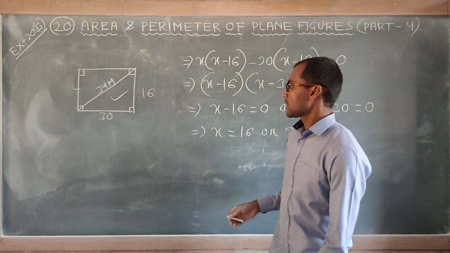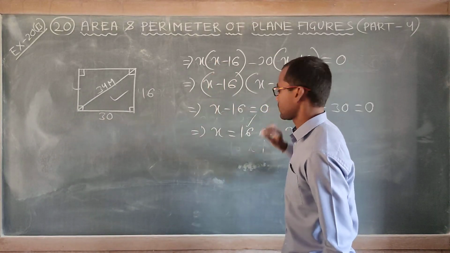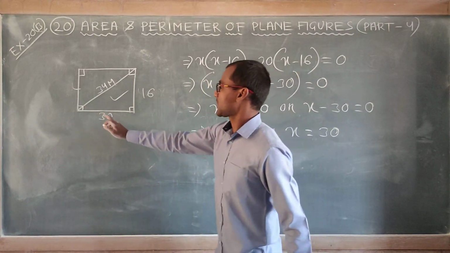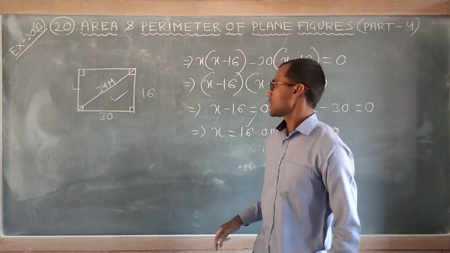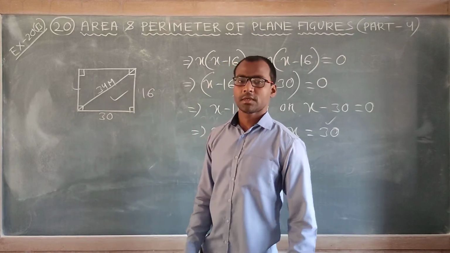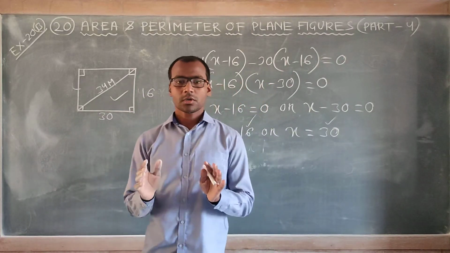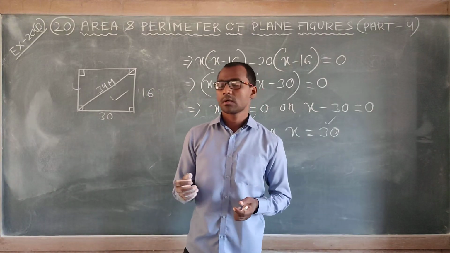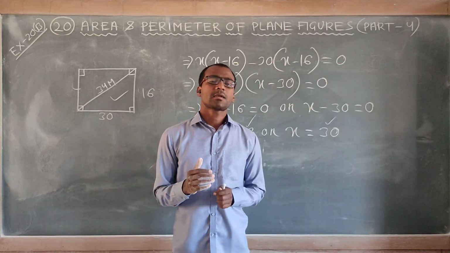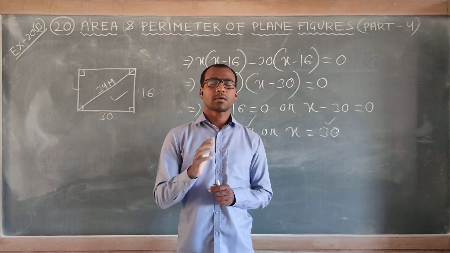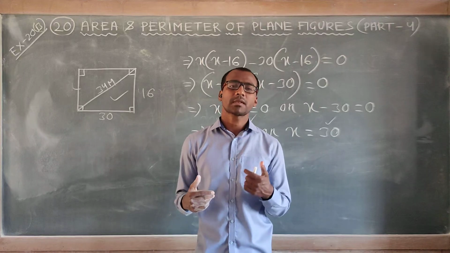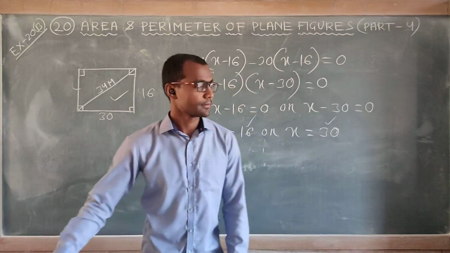Because if you take 16 here, you will get 16 and 30. Length is 16, breadth is 30. That is correct, no problem. If you take 30, you will get 30 and 16. Length is 30, breadth is 16. Again the same thing. Do not conclude that in a rectangle the length will always be greater. One side is named length, the other side is named breadth. That doesn't mean that length is greater and breadth is smaller. Sometimes length can be smaller, breadth can be greater.